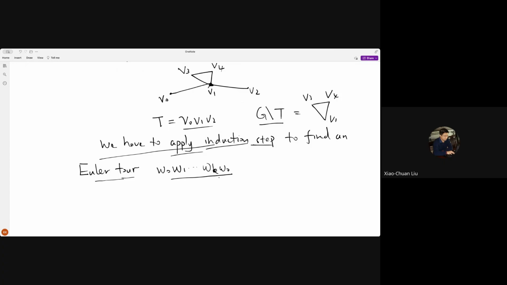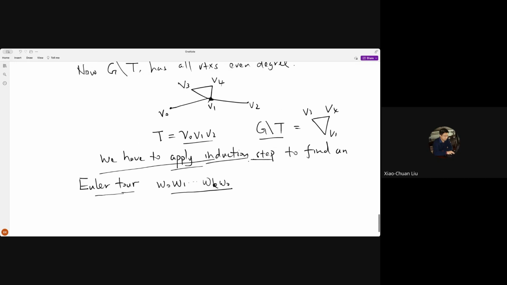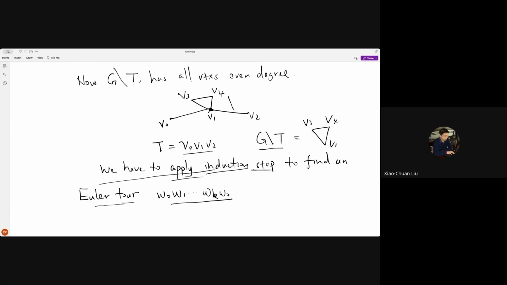So this is an Euler tour. Actually, okay, there is another issue. There is a possibility that it's not connected.